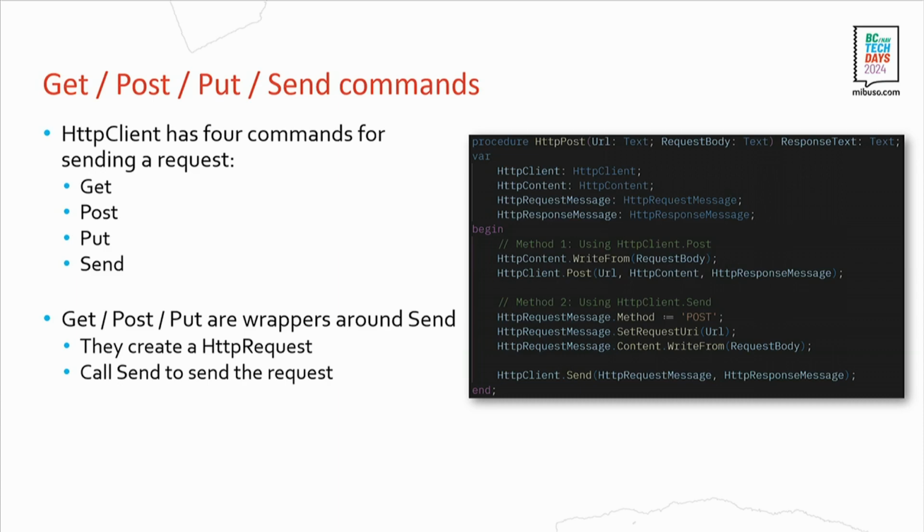Now, if you look at the post method, behind the scenes, it basically does the same thing. Create a request message and then call the method send. So it's just some sugar coating around the send, making life a little bit easier for you.